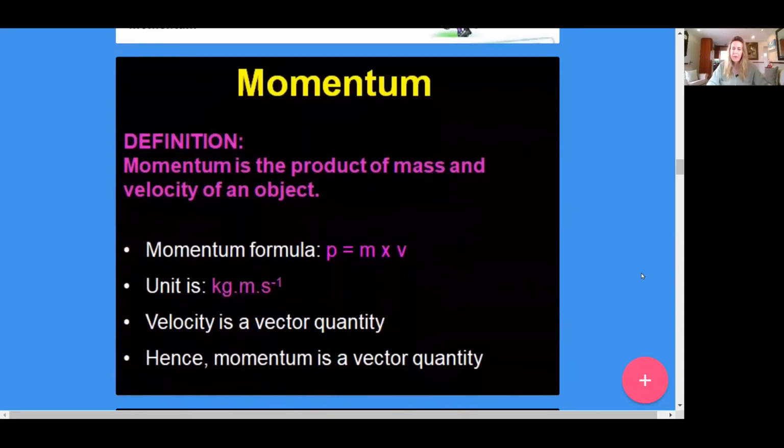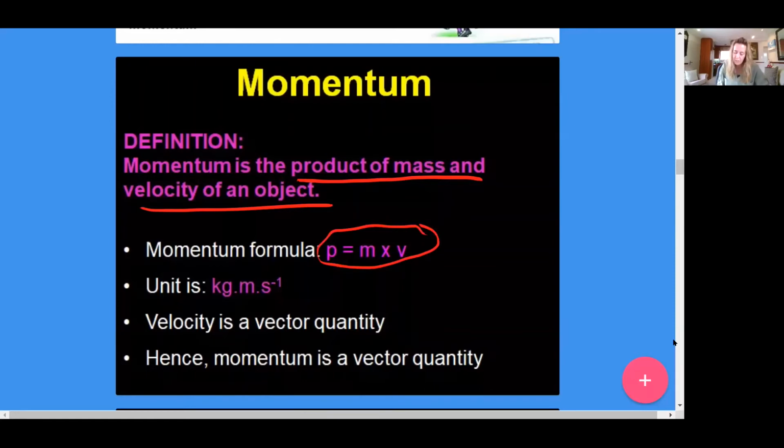Just to recap, the definition again for momentum is the product of mass and velocity of an object. That yields the formula p = m × v, momentum with the unit kilogram meter per second. Take note that velocity is a vector quantity and hence also momentum is a vector quantity.